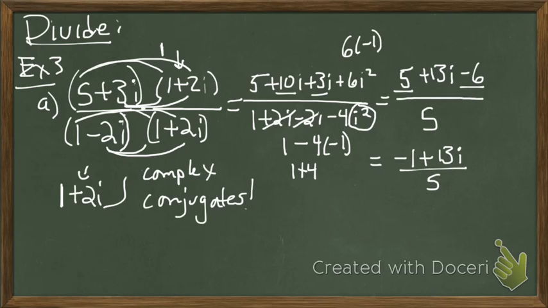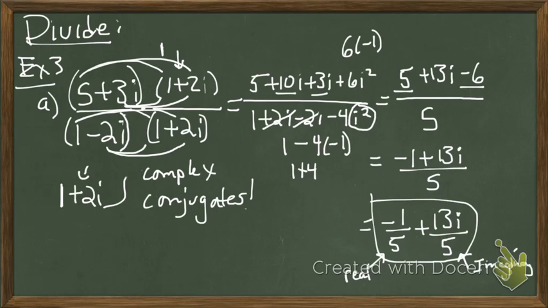So I'm going to divide each term of the numerator by 5, giving me negative 1 over 5 plus 13i over 5. This is my real part, and this is the imaginary part. And this is the result when you divide those two complex numbers that we started with.